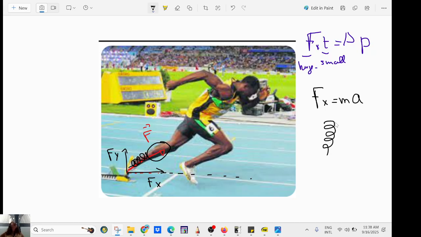So when you compress the spring, you can store what kind of energy? Potential energy, elastic potential energy, right? So it's like a kangaroo. You compress the spring and boom, you deliver a huge amount of energy during a very small amount of time. And the muscle behaves not the same way.